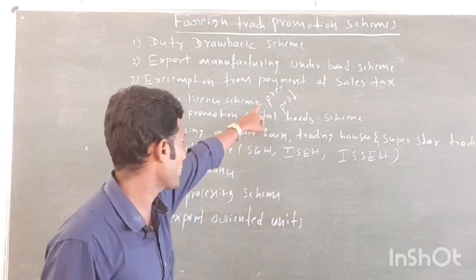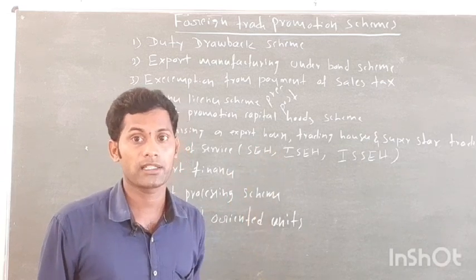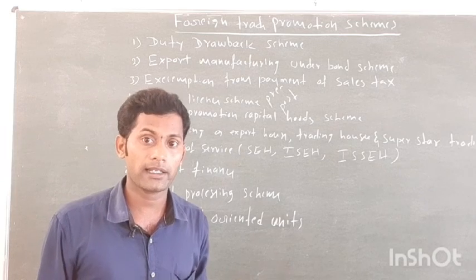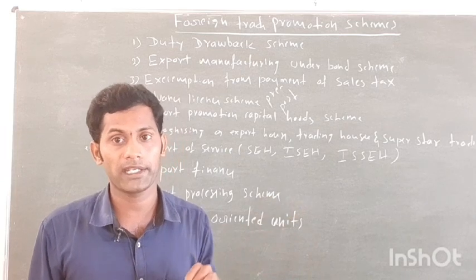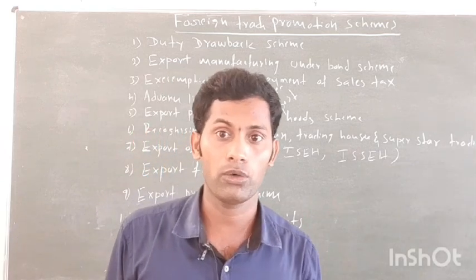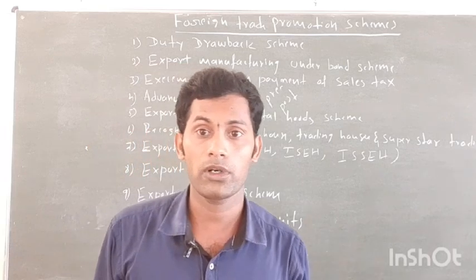That is what we call pre-shipment finance. Then post-shipment finance, where they can raise money after shipment. Here the interest rate is very low, very negligible. That is one more advantage to the exporter.